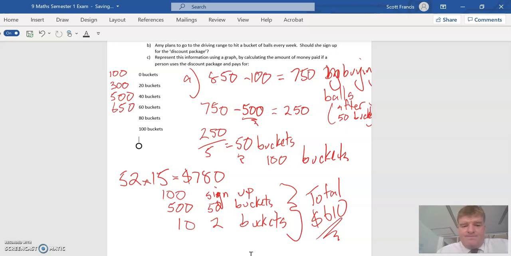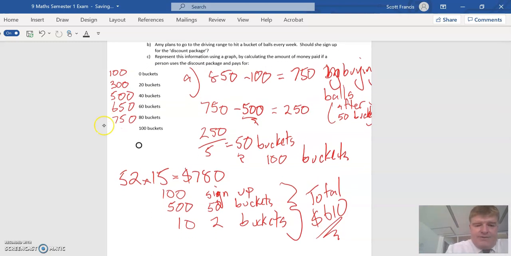For the next one, 80 buckets, it's going to be $100 sign-up, first 50 buckets going to be 500, 100 plus 500 plus another 30, which is going to be another 150. So it's going to be $750. And 100 buckets, $100 sign-on, $500 for the first 50, $250 for the next, so it's going to be $850.